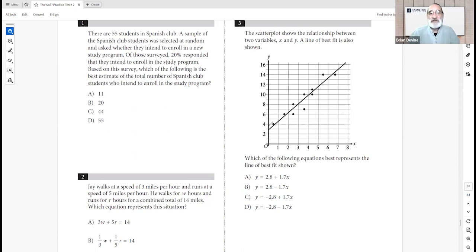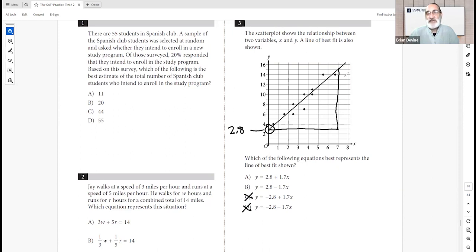Well, right away I can see that the y-intercept is positive. It looks like it's about 2.8, which means it can't be C and it can't be D. And I can see the slope if I go over, say, from 0 to 7, I'm going up then from 3 to 15.